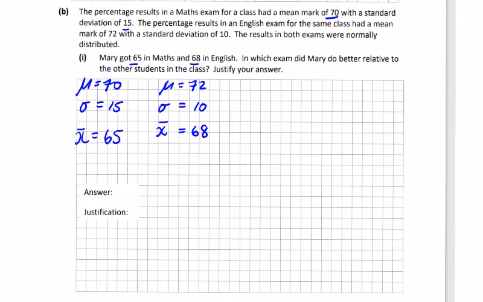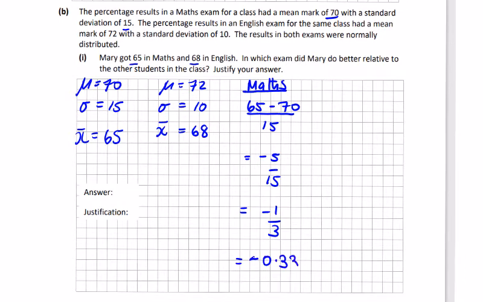So it's just a one sample Z-score. Let's look at maths, one sample Z test. Maths, we're testing 65 against 70, and we're dividing by 15, which is minus 5 over 15, which is minus 1 over 3, or minus 0.33.